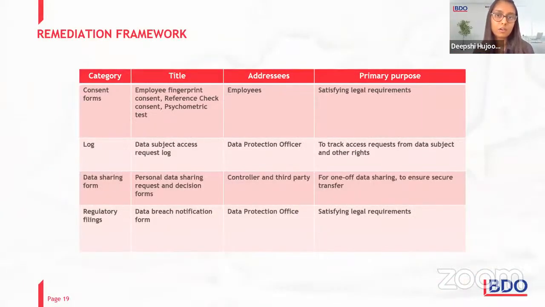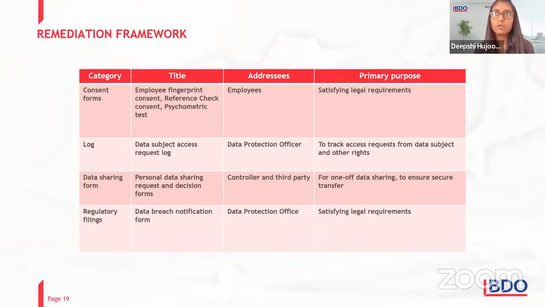Next set of documents which accompany privacy policies and notices are procedures. So you may have logs, consent forms, undertakings to be signed by employees, by record owners, data sharing forms where, for instance, an agreement is too broad to have. You can have a simple data sharing acceptance form, data sharing decision form, and also regulatory filings, which form part of the privacy framework.